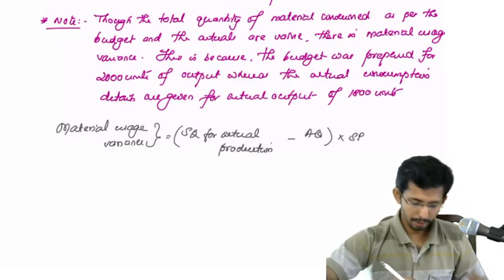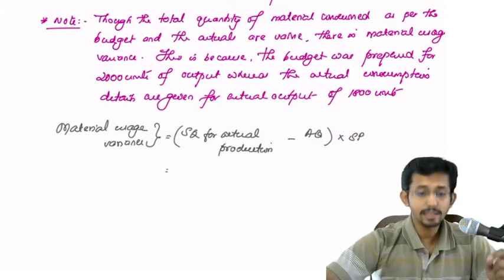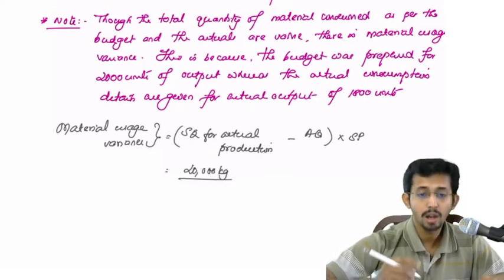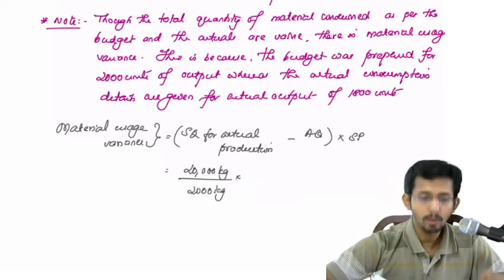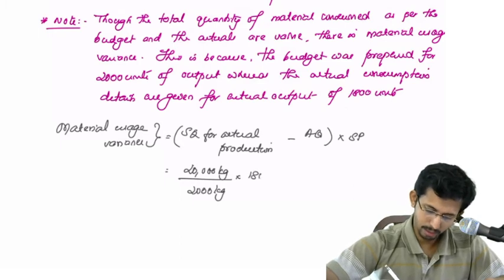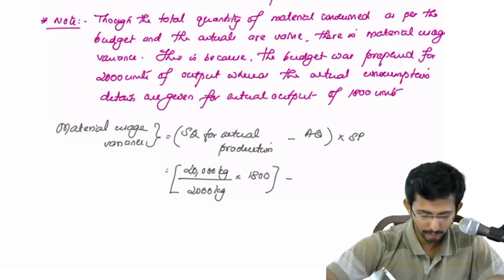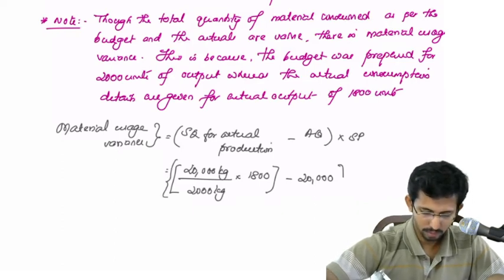Okay, how do you formulate this? What is standard quantity for actual production? What is the standard quantity for standard production? It was 20,000 kg for how many units? 2,000 units. Now what is the actual production? It is 1,800. So this will be the standard quantity for actual production minus how much you actually consumed? 20,000. So into what is the standard price? Rupees 4.